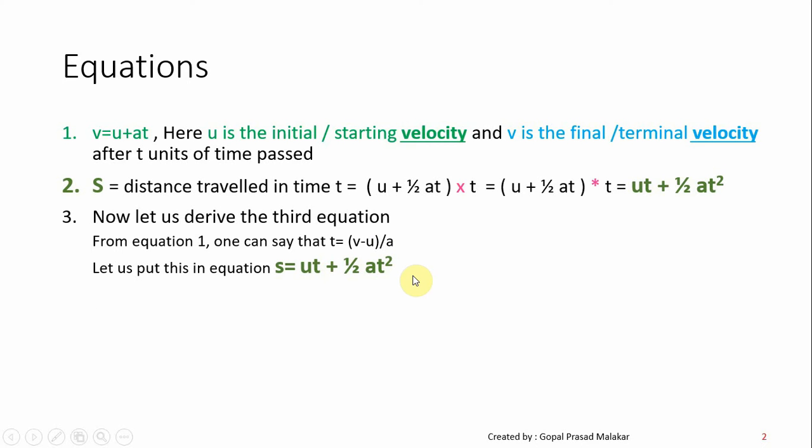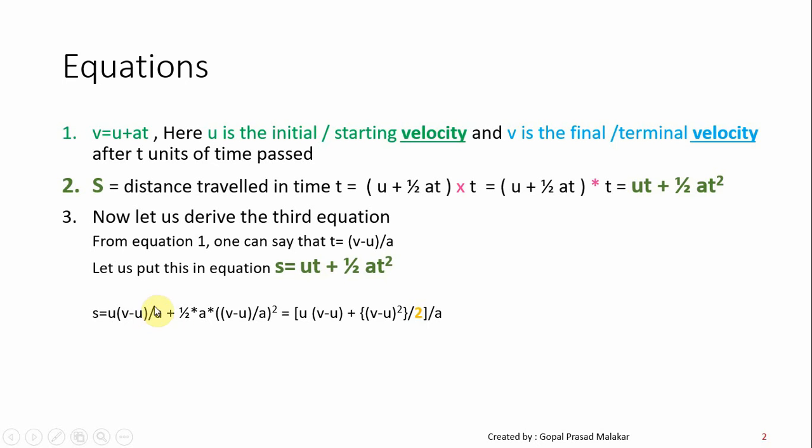So what will happen? It will look like this. You replace t by v minus u by a, half into a into this value of t, v minus u by a whole square. Or you can say this is actually u, v minus u, and then it is v minus u square by 2.